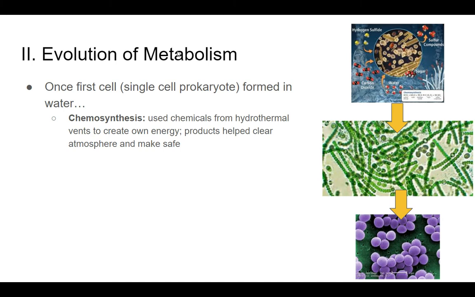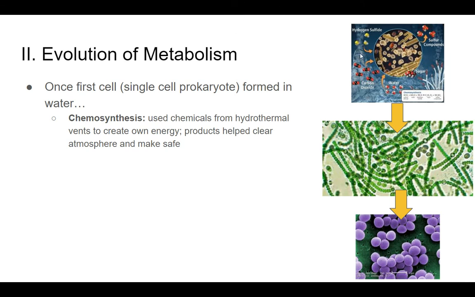Now, anytime we talk about metabolism, if an organism is consuming or creating energy to be consumed, even if it's by themselves, they're going to have some kind of a waste product. And so the idea here is that chemosynthesizers ruled Earth, but as they metabolized in this unique chemosynthetic way, they produced byproducts that actually changed their environment, changed the water source, changed the atmosphere even, and paved the way for our next metabolism strategy.